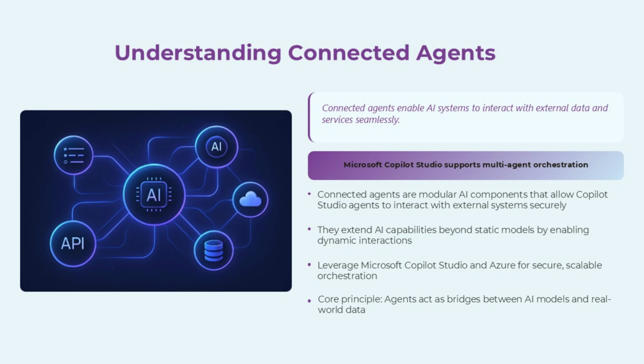They extend the AI capabilities beyond the static models by enabling this dynamic interaction. You will be able to leverage the Microsoft Copilot Studio and Azure for secure, scalable orchestration with connected agents. And remember the core principle. Agents act as the bridge between AI models and real-world data.